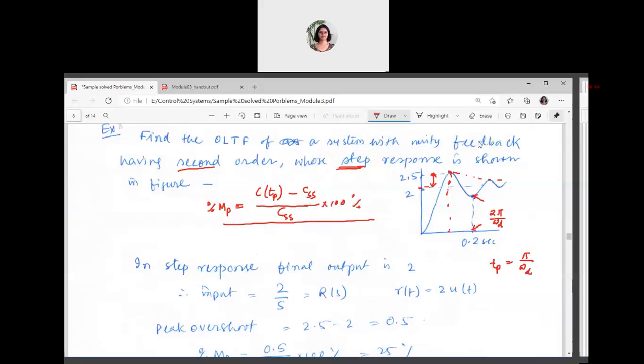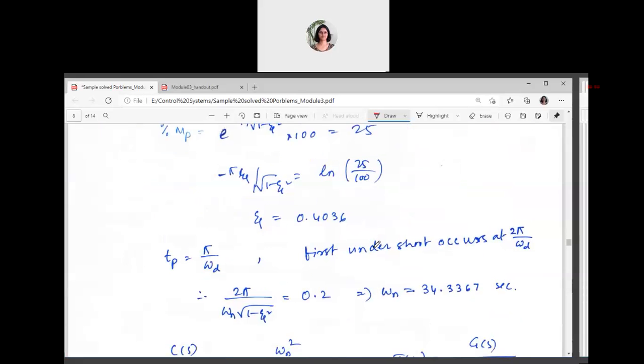This distance multiplied by 2 is 2 pi by omega d. The second peak will occur at t equal to 3 pi by omega d and so on. So I can write 2 pi by omega d is equal to 0.2 second. This is the other equation which I can form from the given characteristic curve.